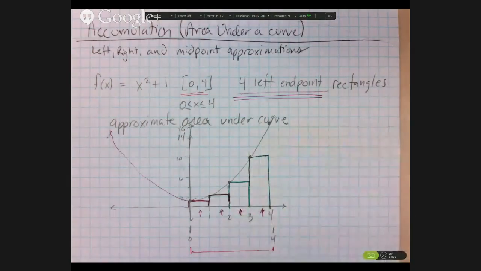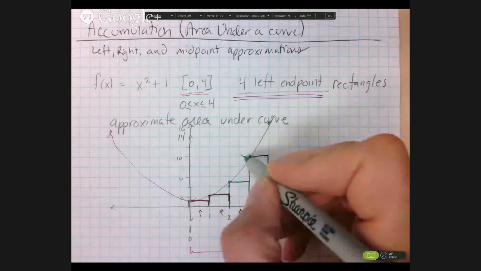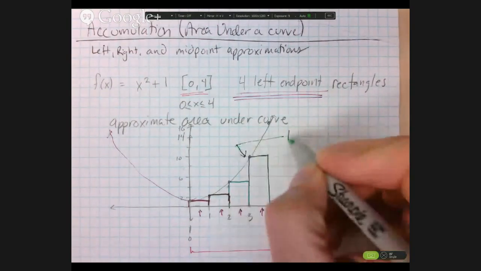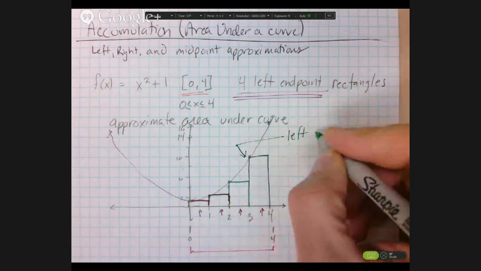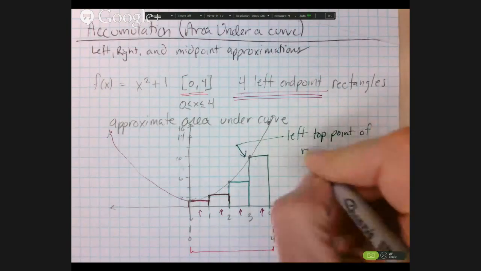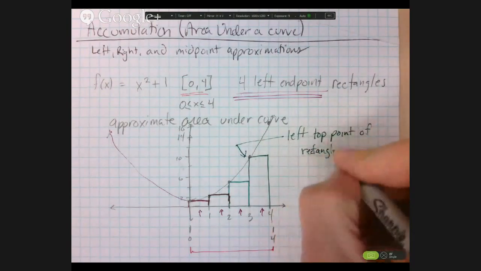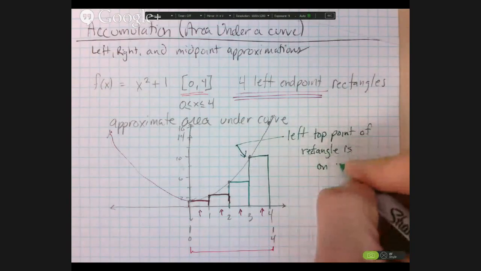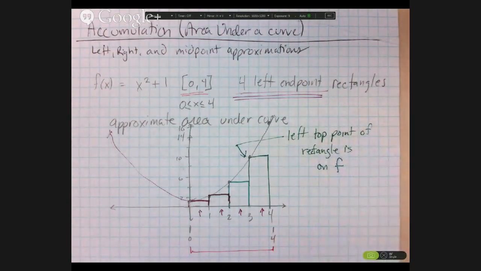And I have my 4 left endpoint rectangles. So the left top point of the rectangle is what touches f. Okay. Are you okay with that? Yeah. All right.